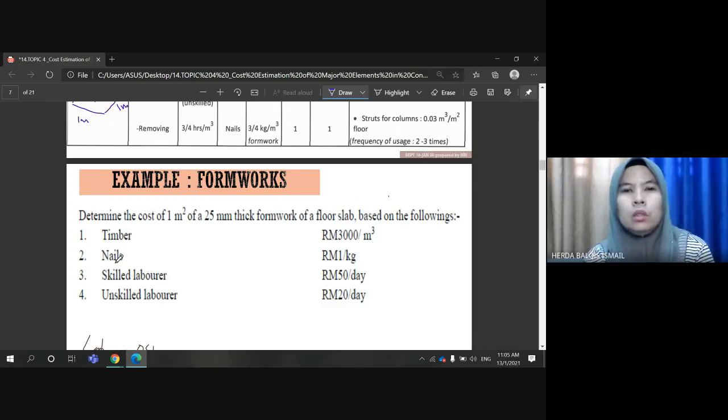For the nails, 1 ringgit per kilogram. The salary for the skilled labor is RM 50 per day, or you can convert it per hour by dividing with 8 hours.